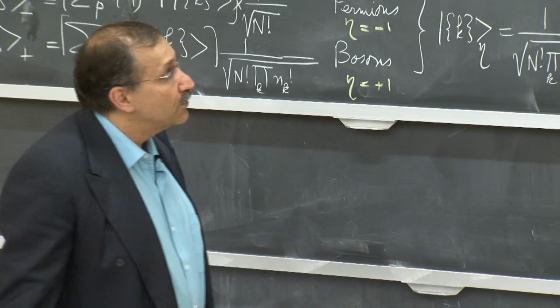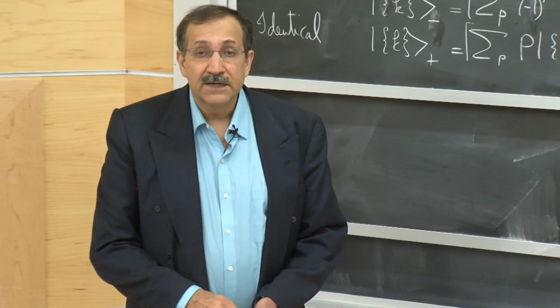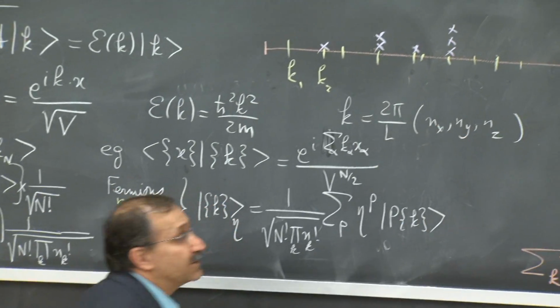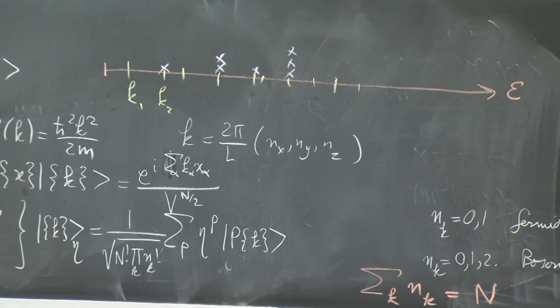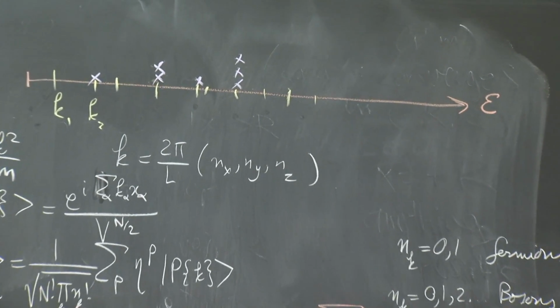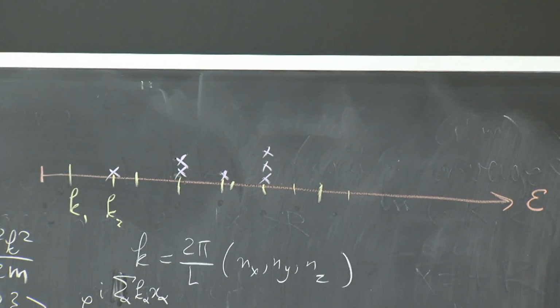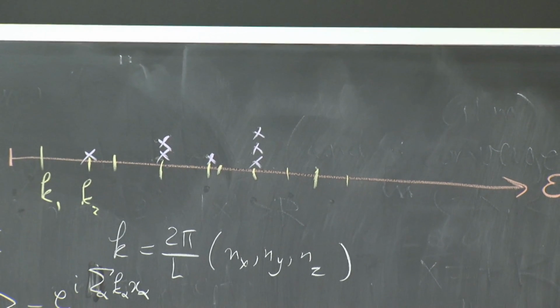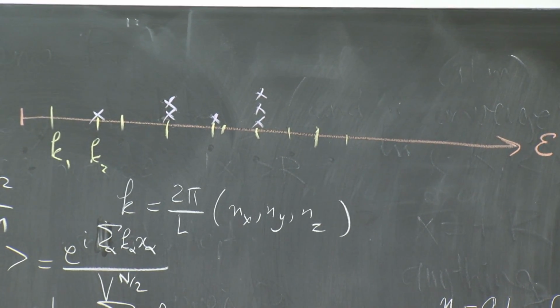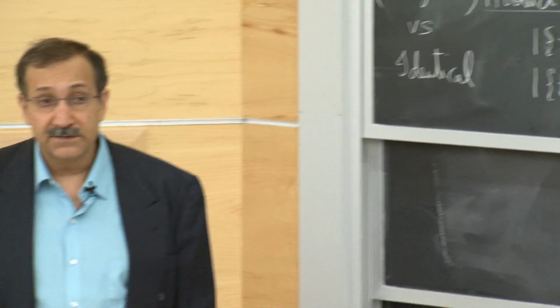Now, the other thing to note is that once I have given you a picture such as this, in terms of which one-particle states I want to look at, or which set of occupation numbers n_k I have, then there is one and only one symmetrized or anti-symmetrized state.